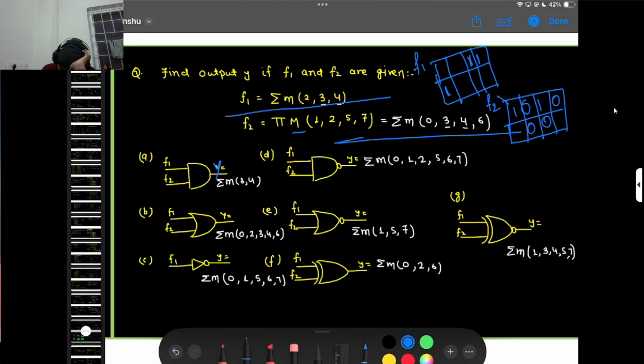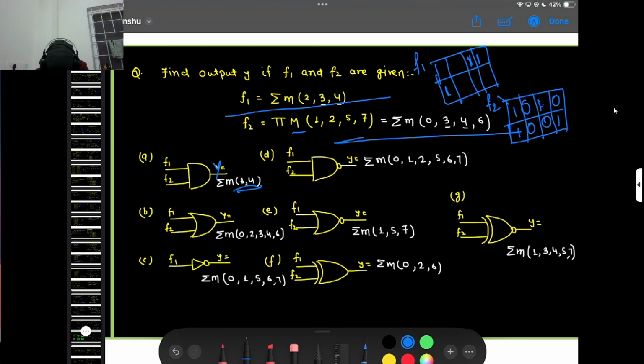Rest are 1. So if we put AND, then what is my min term output? What is matching? 3 and 4 are matching. So 3 and 4 is my output in terms of min term.